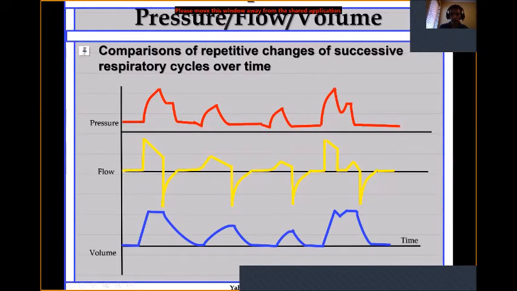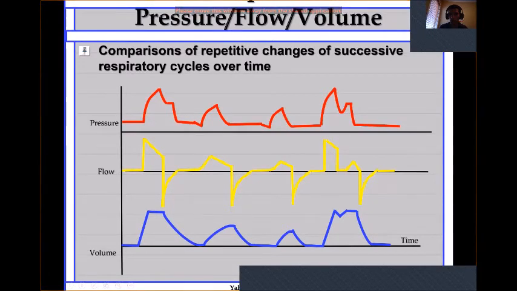You can see that this is an assisted breath, a combination between patient and ventilator. You can see this is spontaneous, not assisted, spontaneous, not assisted, asynchronized. So you have the assisted breath and the patient coming together, but they are asynchronized.